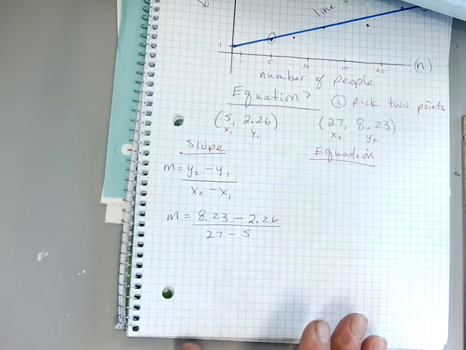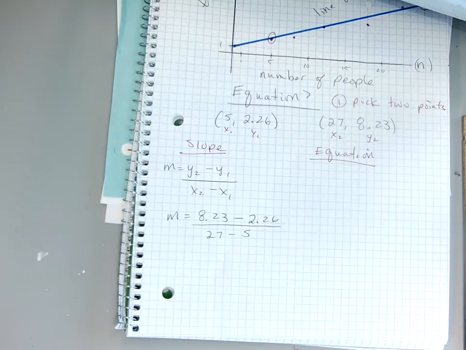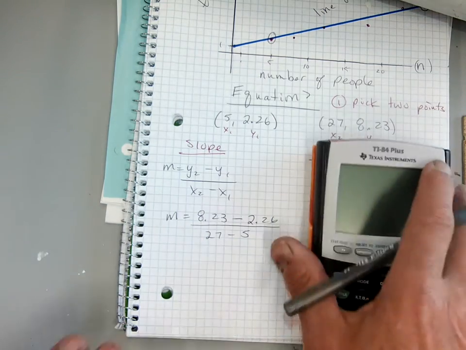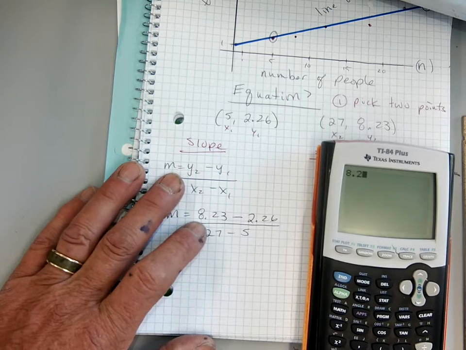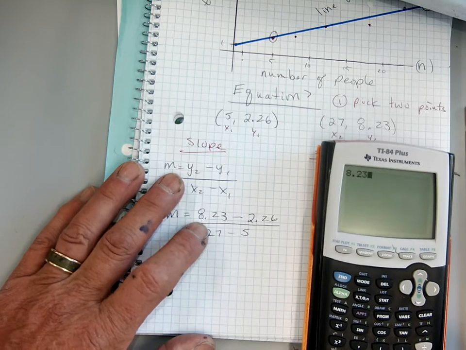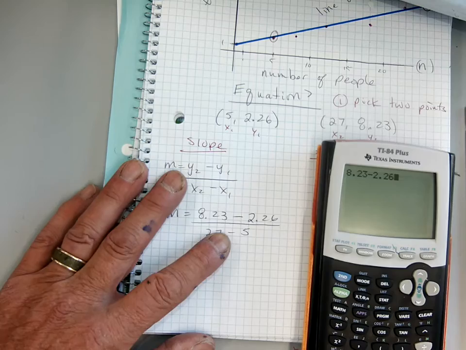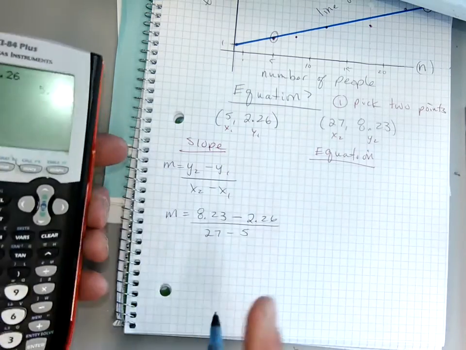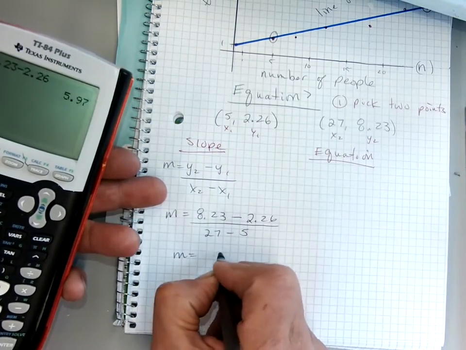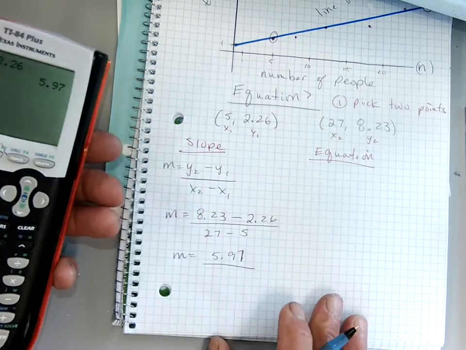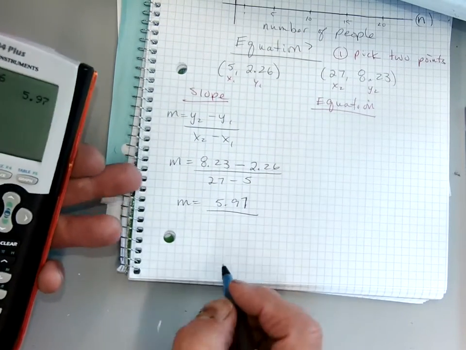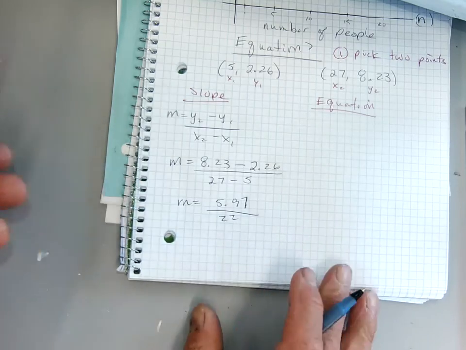I'm going to need a calculator because I got decimals, right? That's okay. I can do this if I have a calculator. So 8.23 subtract 2.26, I get 5.97 over 22, and I'm just going to divide that.